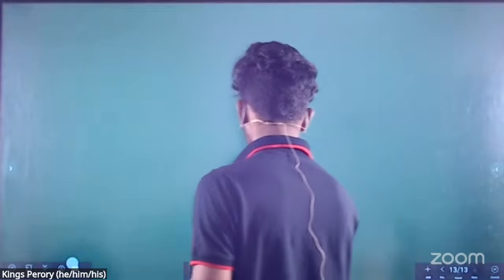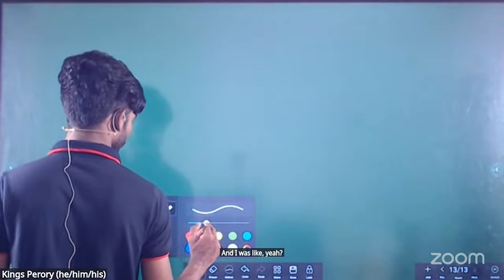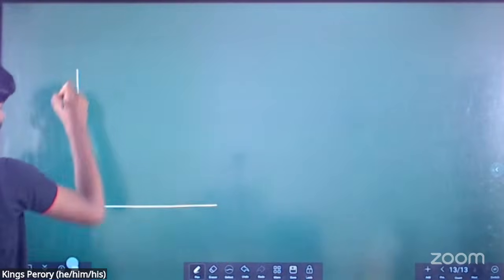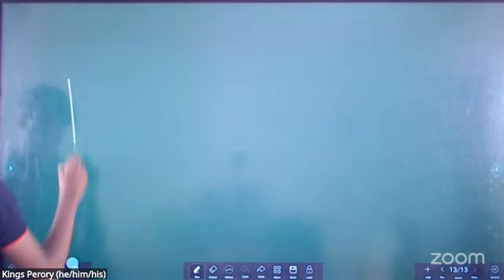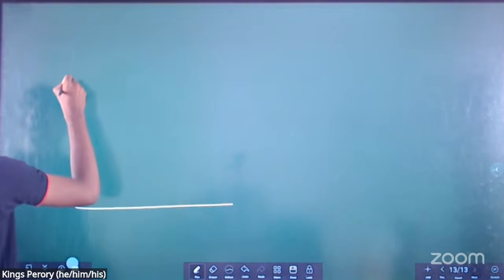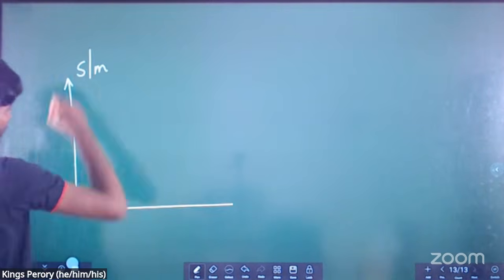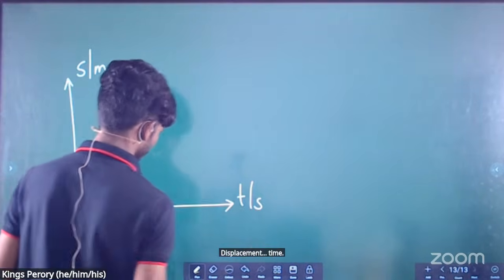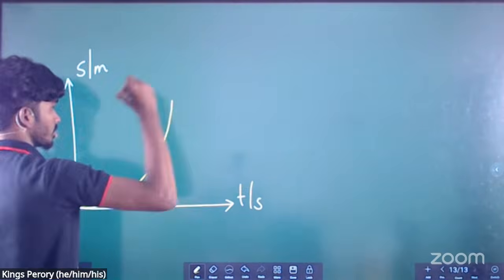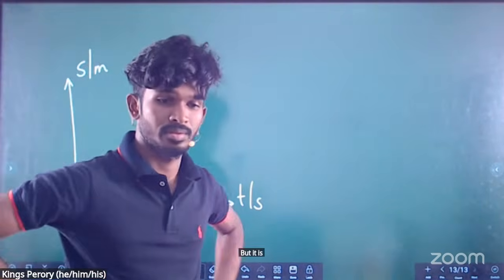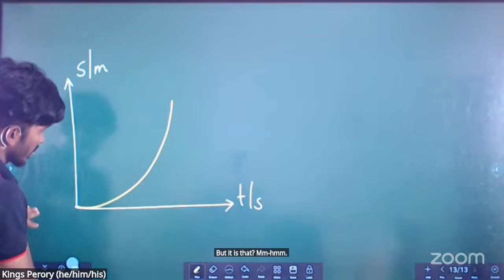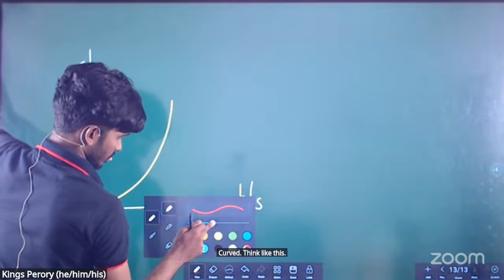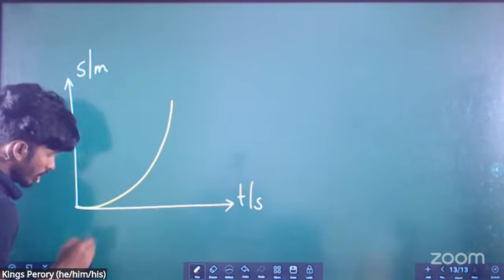Now see. Displacement-time graph. What is that? Curved. Think like this. Look at the start.